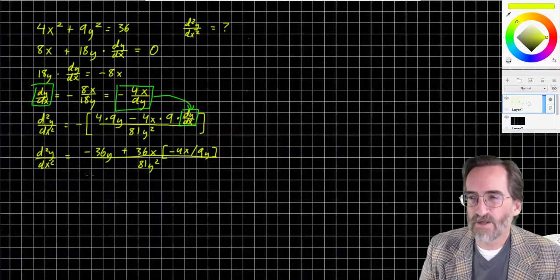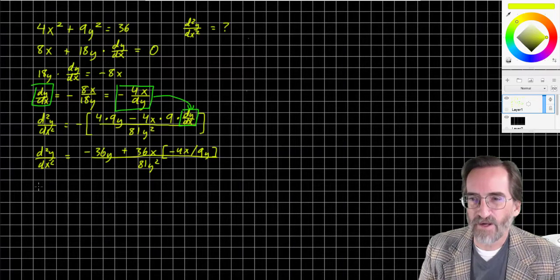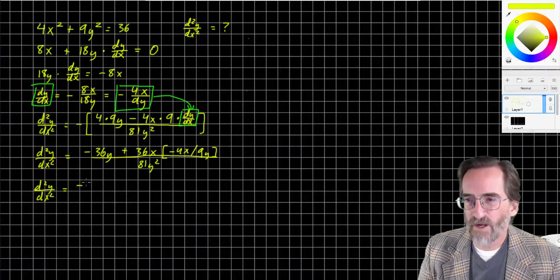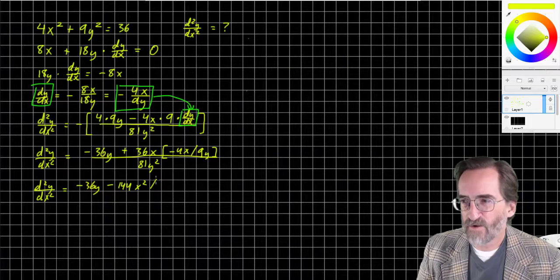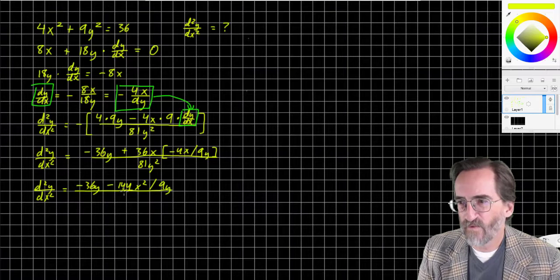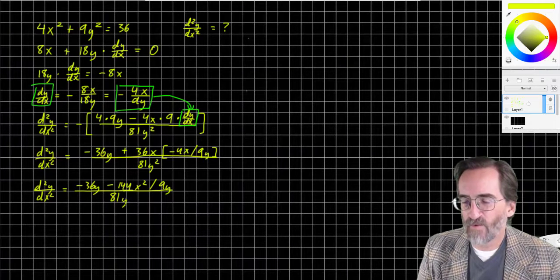Now let's go ahead and take one more step of simplifying here. d squared y dx squared equals negative 36y minus 36 times 4 is 144, x times x is x squared over 9y, all over 81y squared.